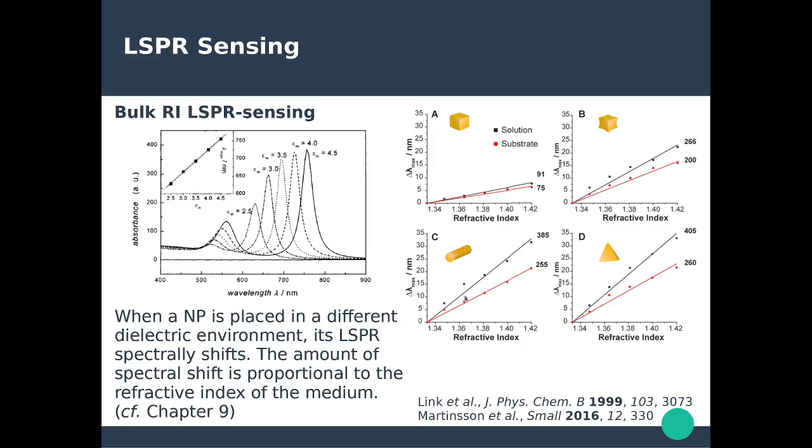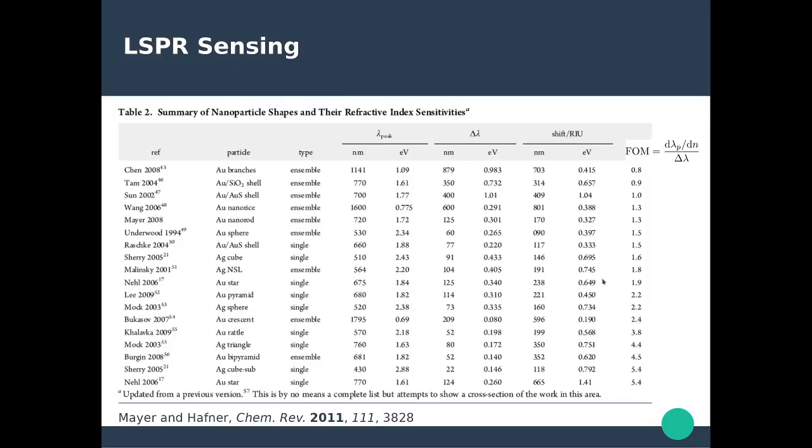On the other hand, when you have something with high aspect ratio like the nanorod or the prism, for the same change of refractive index you can achieve a spectral shift of the LSPR of up to 35 nanometers. So those two are more sensitive to a change in refractive index. There's been a lot of work done over the years designing better and better plasmonic sensors.